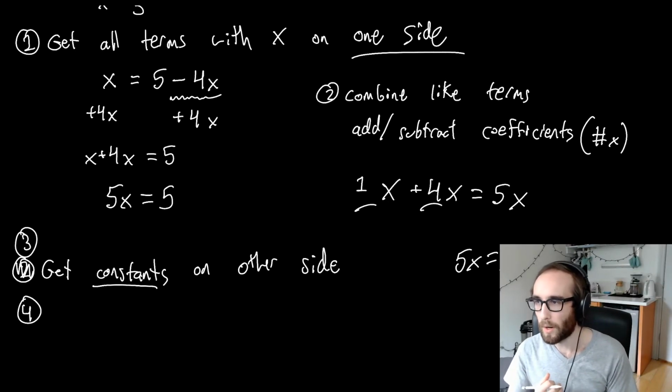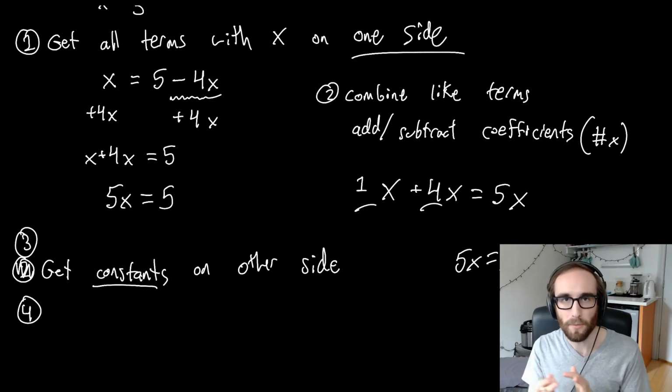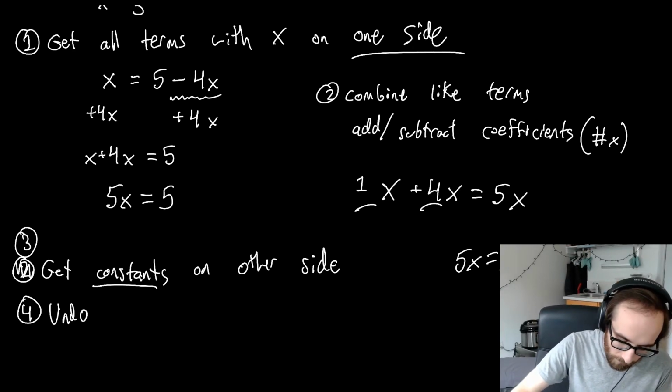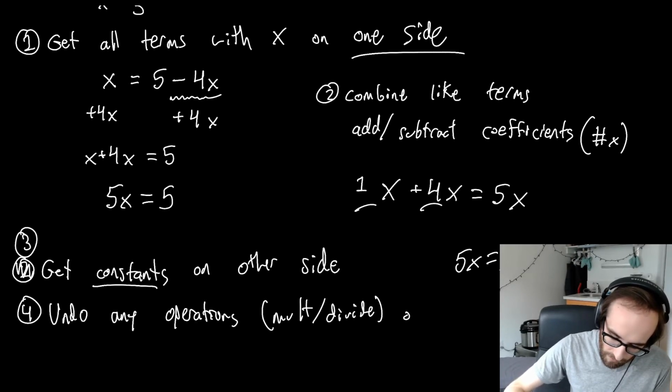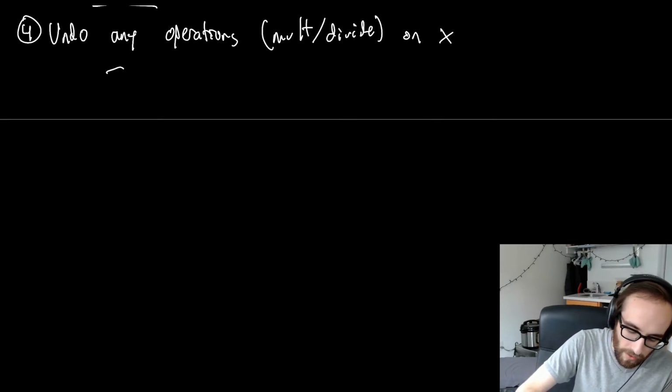Okay, so we want to get the variable on one side, get constants on one side, and then we want to combine like terms, add and subtract. Finally, we need to undo any remaining operations. And this usually means multiplying or dividing on x. So if we take a look at the example that we've been going through, we had 5x equals 5.